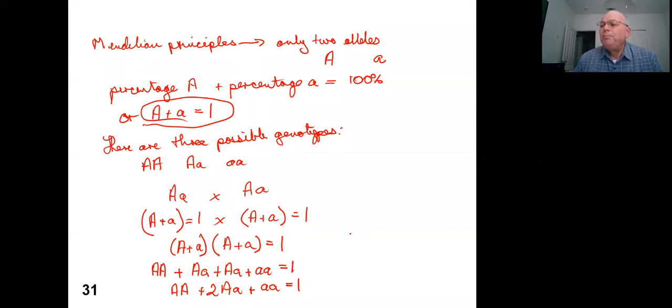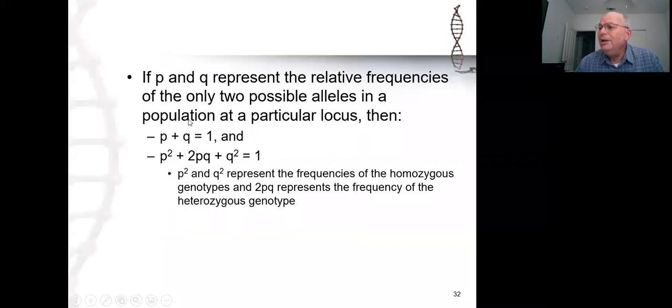So this is how Hardy and Weinberg independently would have figured out their 2 equations. The only difference is that today, rather than using big A and little a, we use P and q, with P to represent the frequency of the dominant allele.